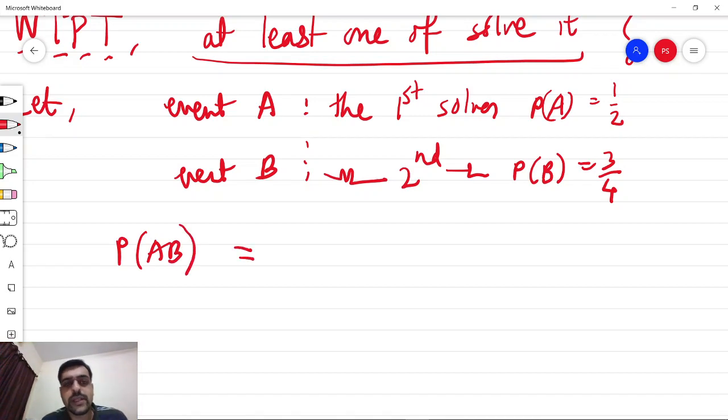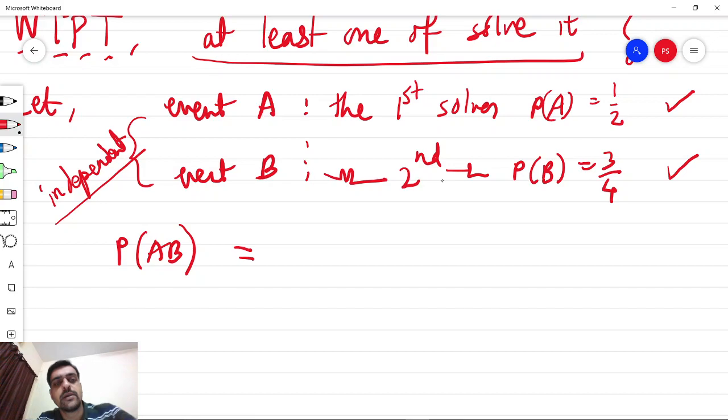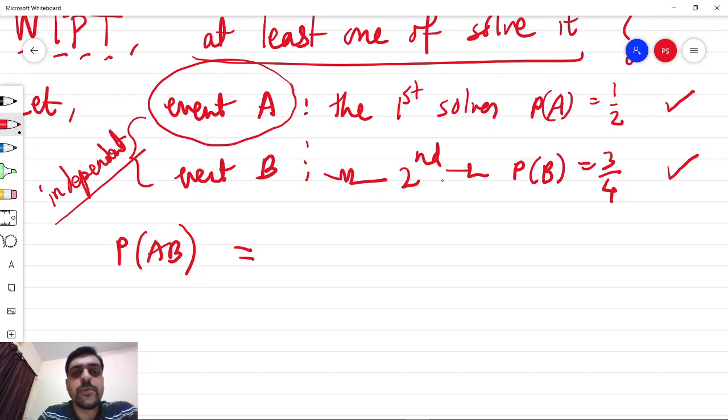We must note that both these students are trying to solve the problem independently. So they are not going to consult with each other. So that is the main important assumption. In that sense, both of these events A and B are independent. Because it doesn't matter whether the first student solves the problem or not.